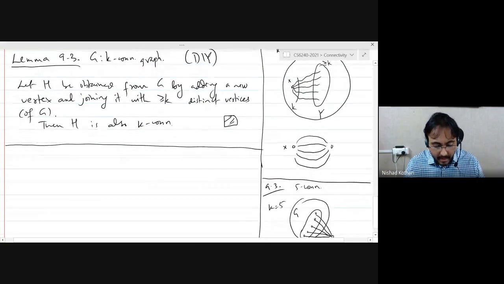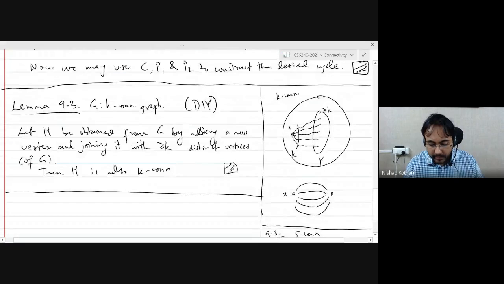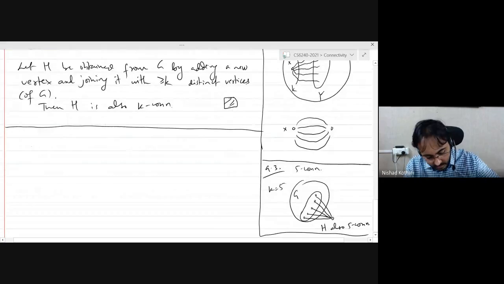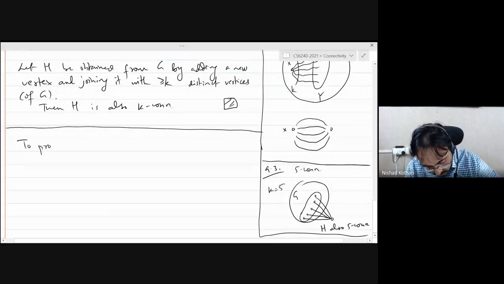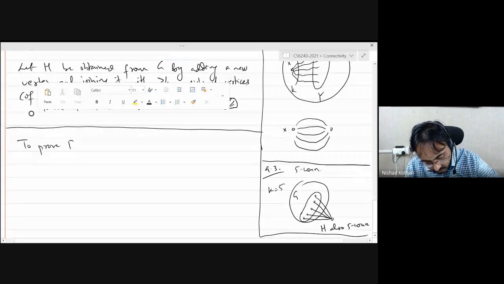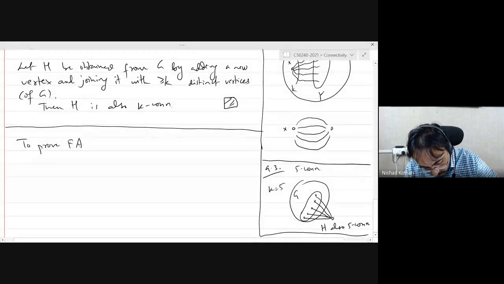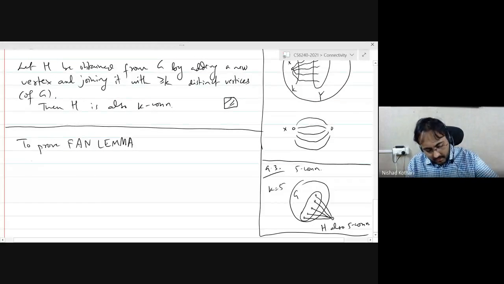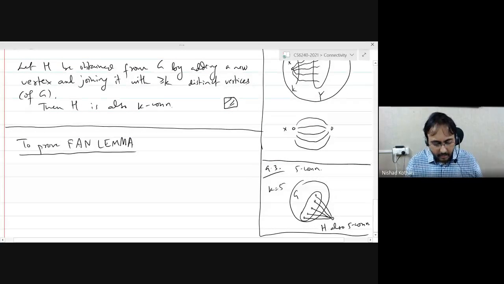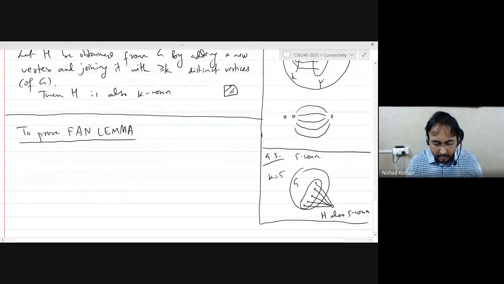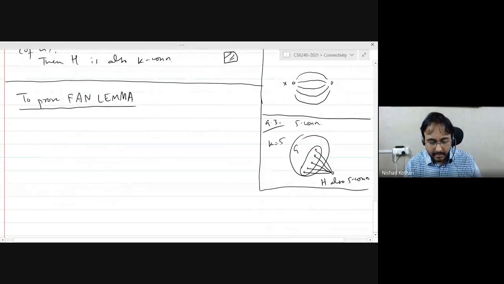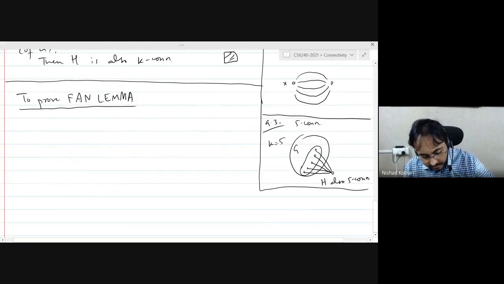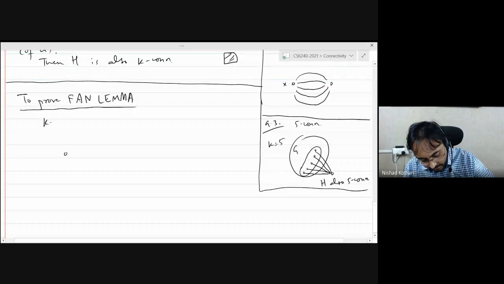Okay. So now we can use this lemma to prove the fan lemma. In fact, I don't think it even makes much sense to write the whole proof anymore. I'm just going to make a schematic diagram and explain what's going on. So in the fan lemma, you have a k connected graph.